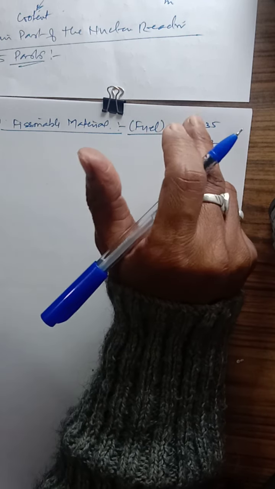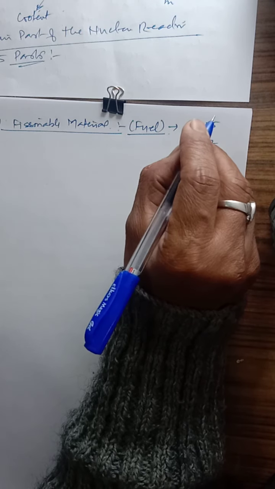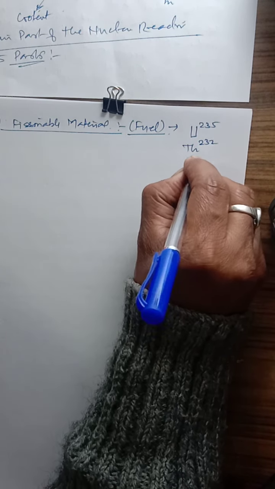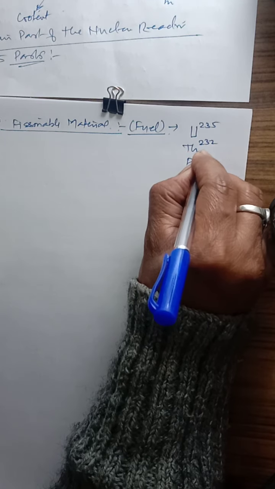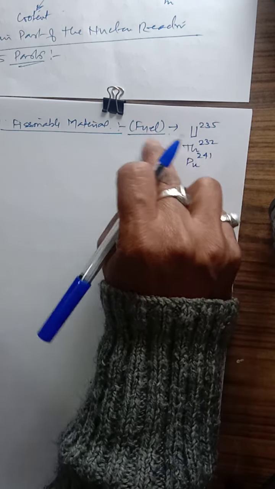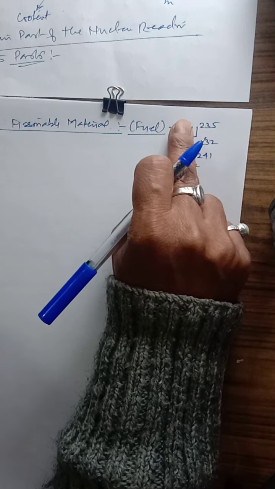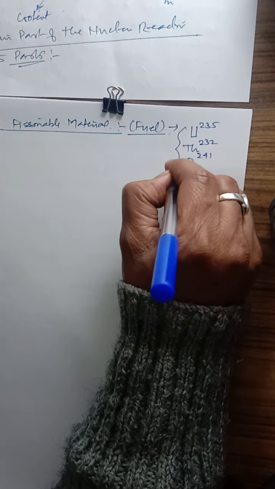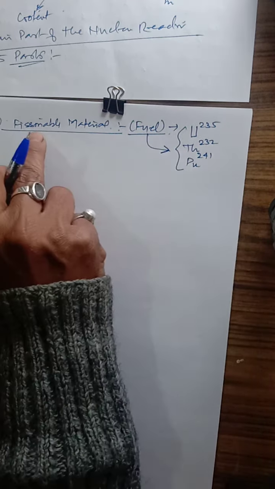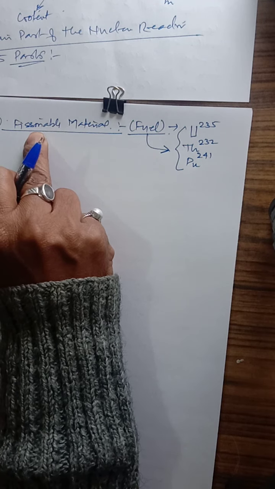You can also use plutonium. The symbol of that is Pu and the mass number is 241. So they all are isotopes and they are mostly used as fuel in the reactors.